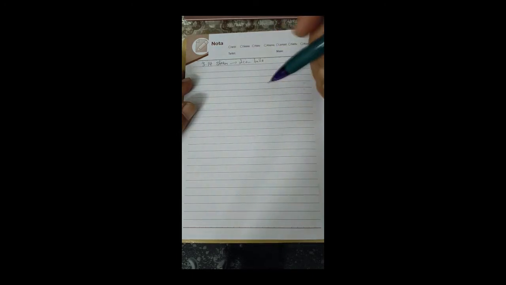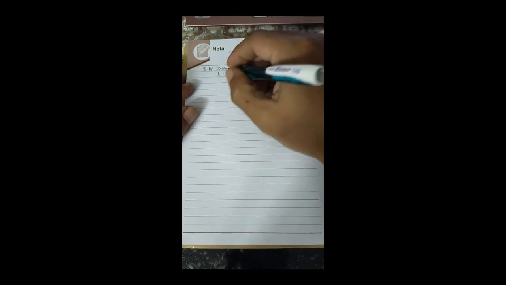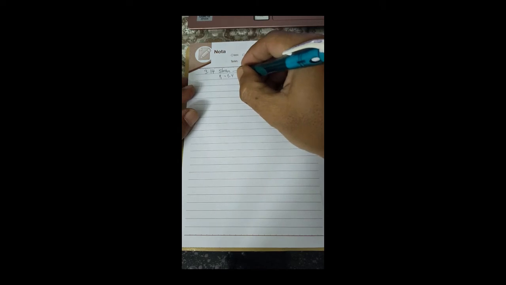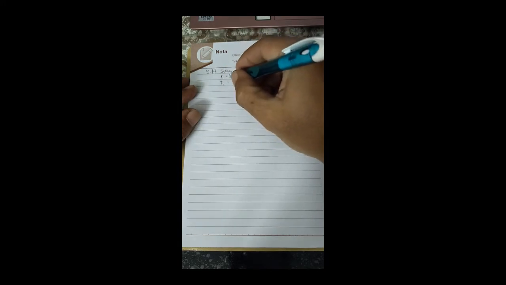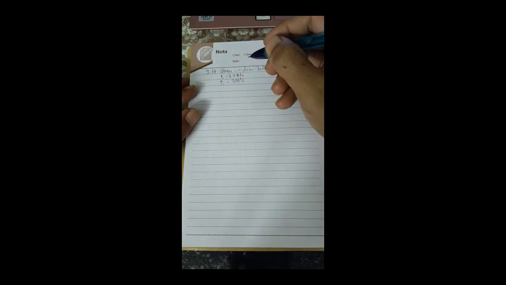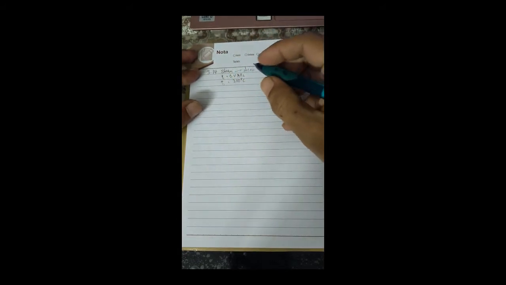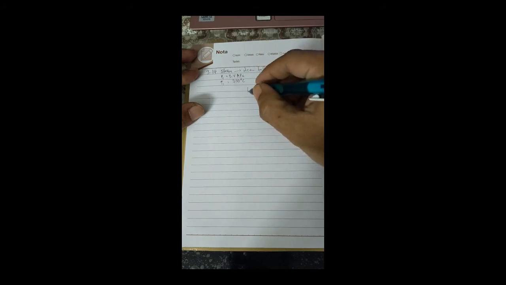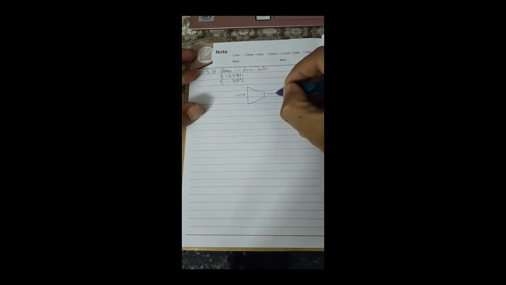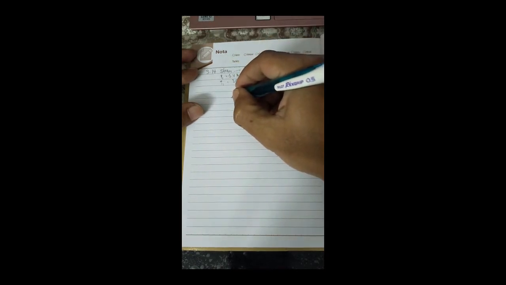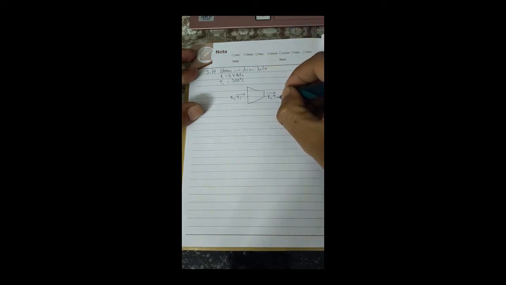Also given, P1 is 0.4 MPa and T1 is 300 degrees Celsius. We are dealing with a nozzle, something like this: inlet, outlet. So P1, T1, P2, T2.